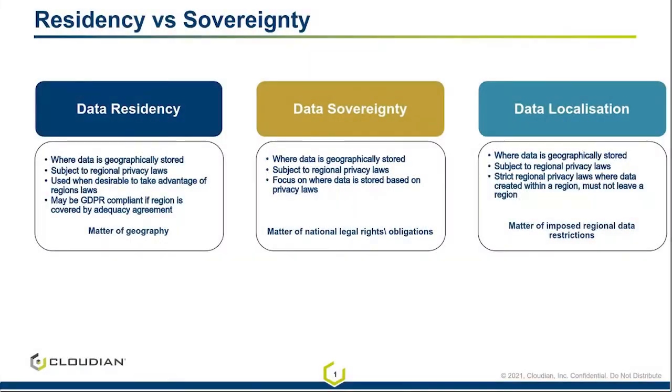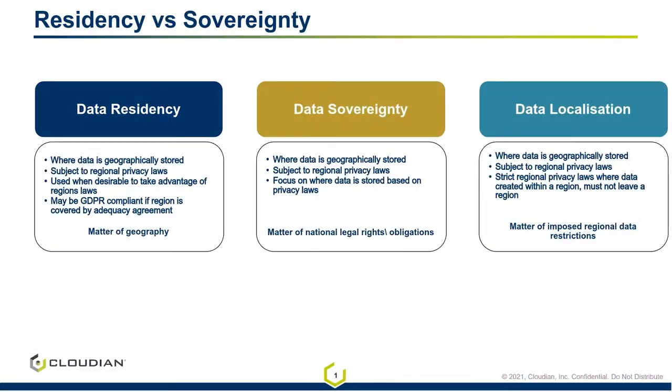Yeah, I mean, you're talking about data residency at that point, right? You're not talking about data sovereignty. Residency is kind of where the data is, subject to those regional privacy laws. But sovereignty is subject to regional privacy laws as well, but is also a matter of national jurisdiction and national obligations and rights over that data.